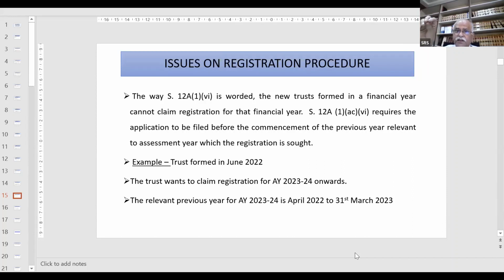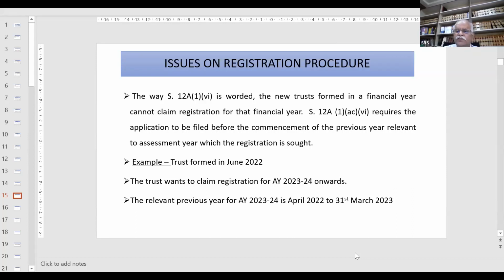What section 12A(1)(ac) says is that you have to make the application 1 month prior to the commencement of the previous year in which you are seeking registration. So what is the previous year registration?